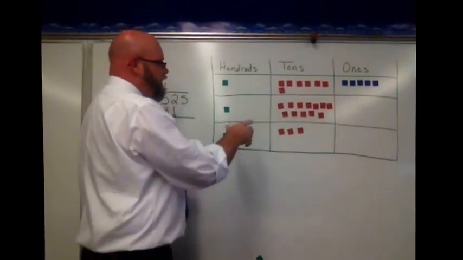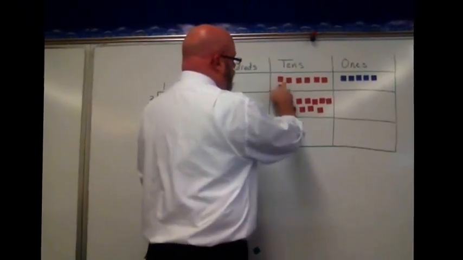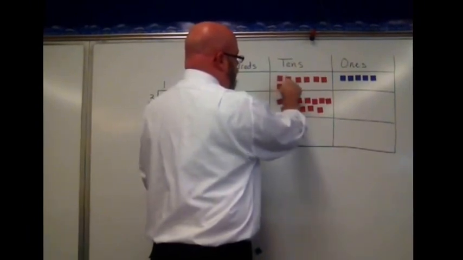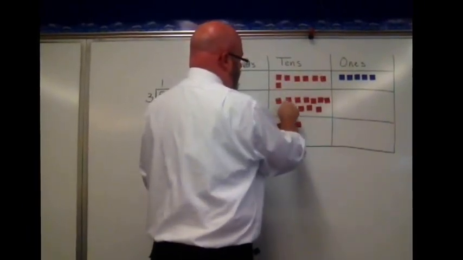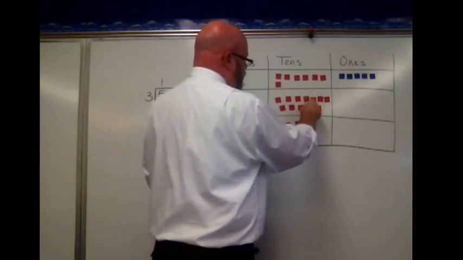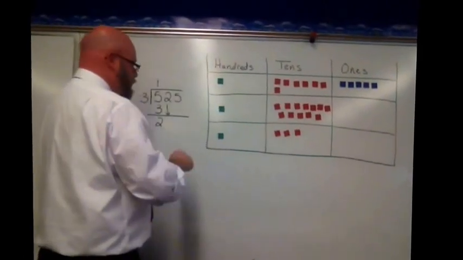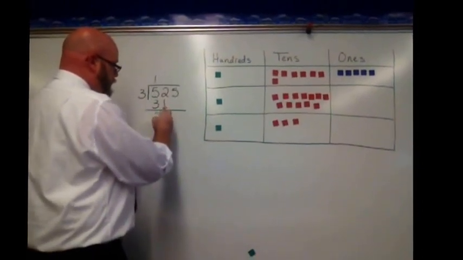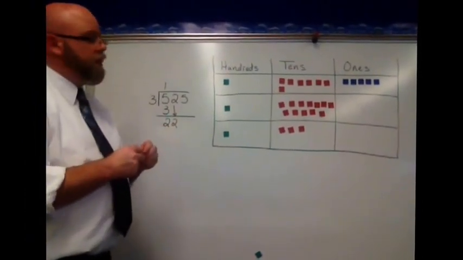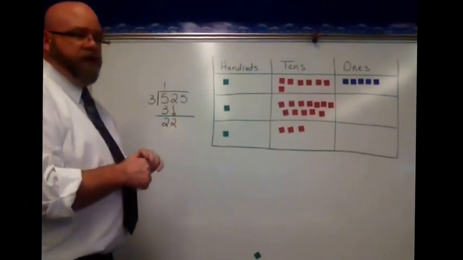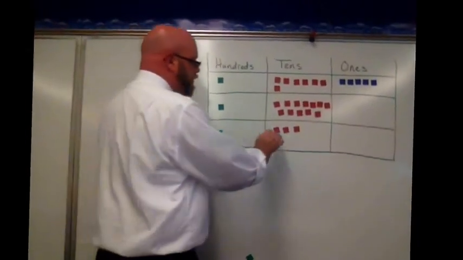I want to get them into equal groups as well. Well, I have a total of 1, 2, 3, 4, 5, 6, 7, 8, 9, 10, 11, 12, 13, 14, 15, 16, 17, 18, 19, 20, 21, 22 tens. So I have to divide the 22 tens into 3 separate groups.